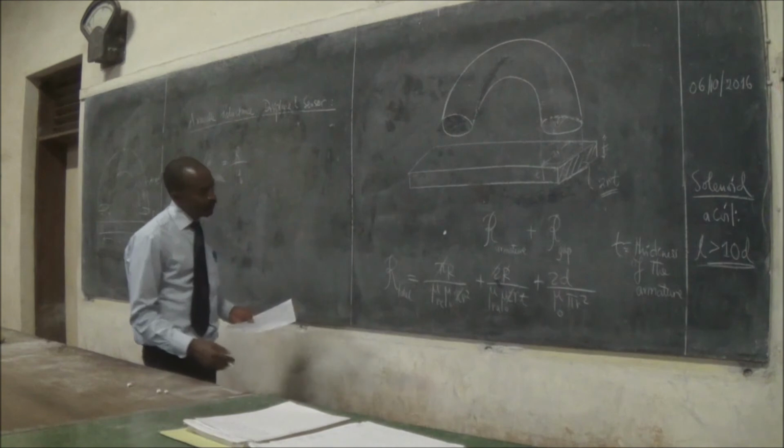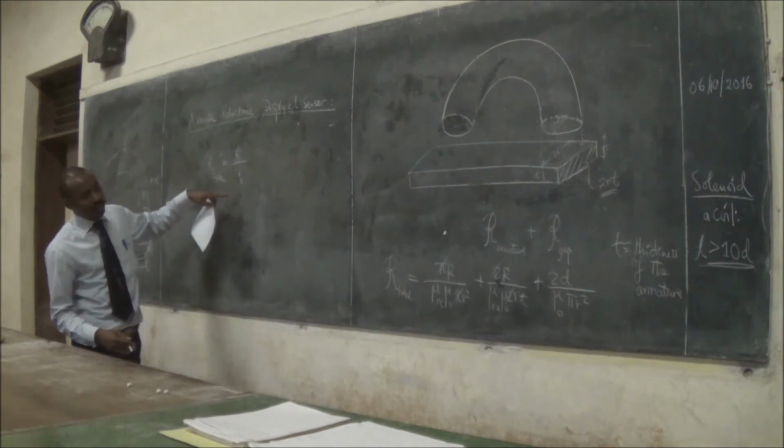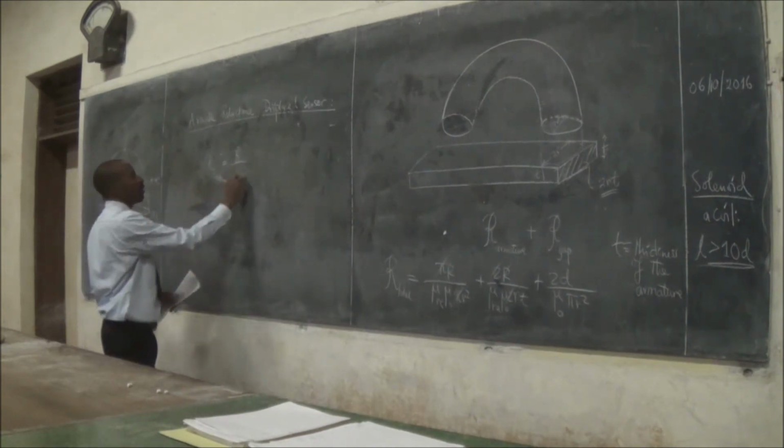So if I factorize out, I now have an R also, okay?